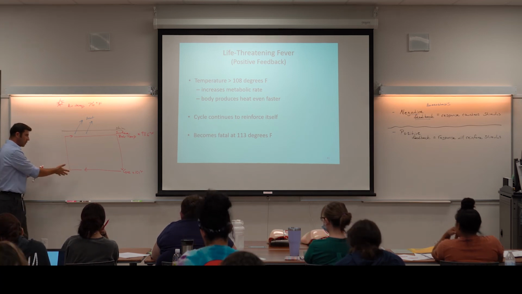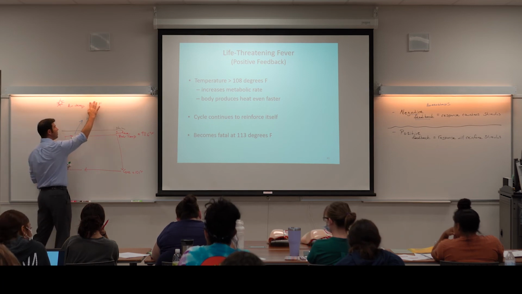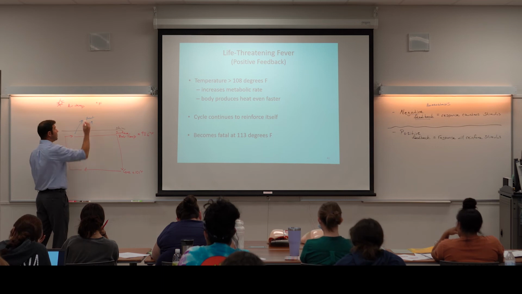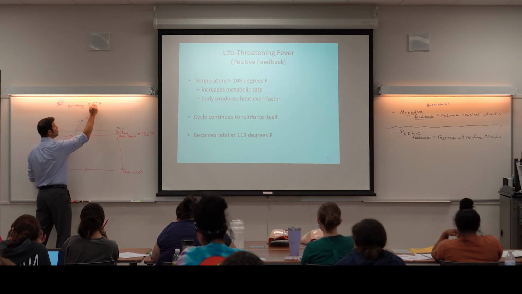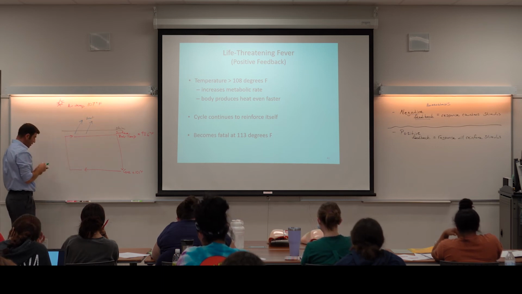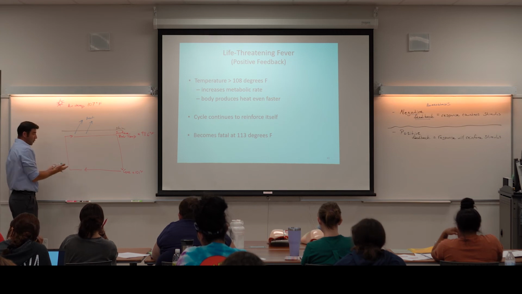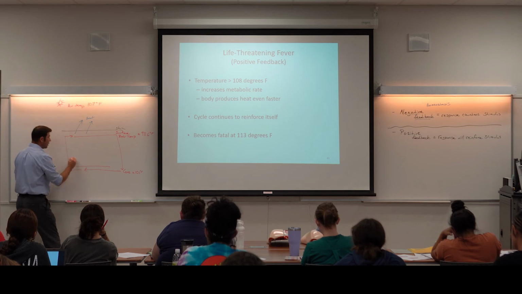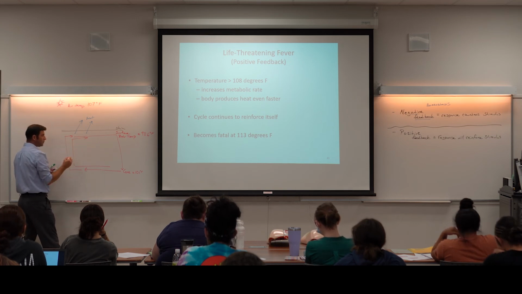The body's normally trying to regulate temperature this way, but if the outside air temperature is anywhere above 107 degrees Fahrenheit, your body's response to cool off is to send more blood out towards the surface.